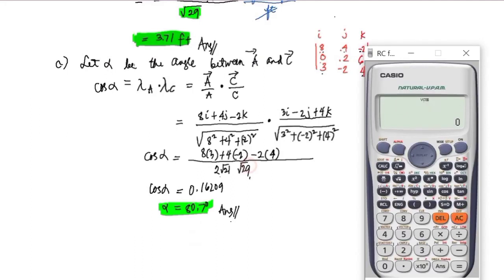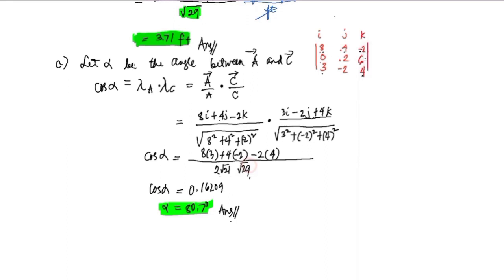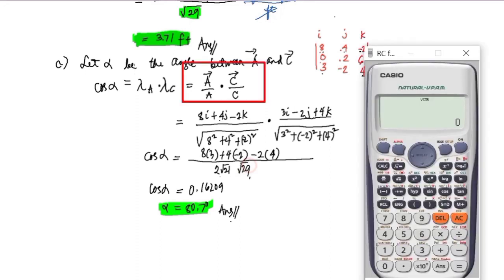Now, in solving for the angle between the vector A and the vector C, so ito lang naman yung formula natin. It's the vector A divided by its magnitude, dot product of the vector C and its magnitude. So, enter muna natin. We have to enclose this in parentheses. No?